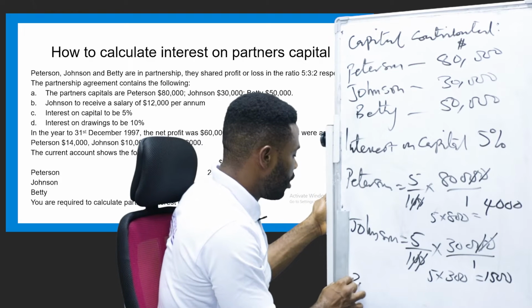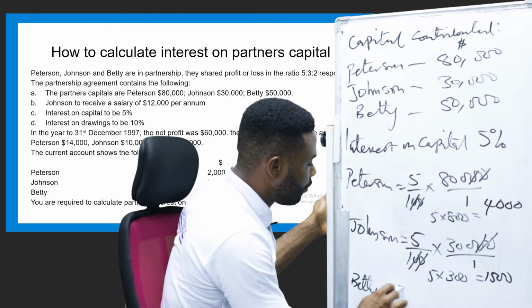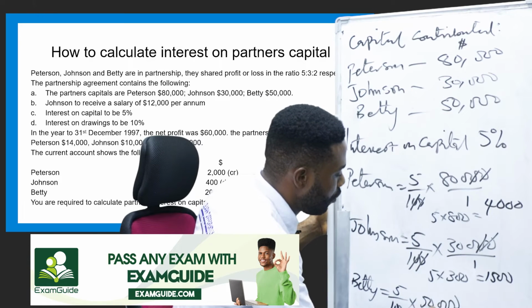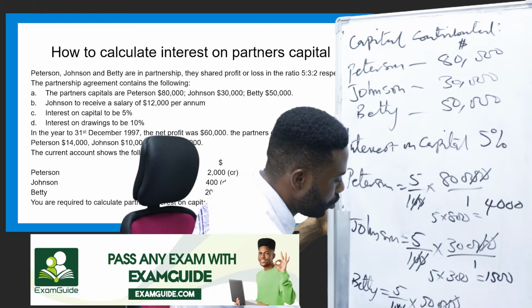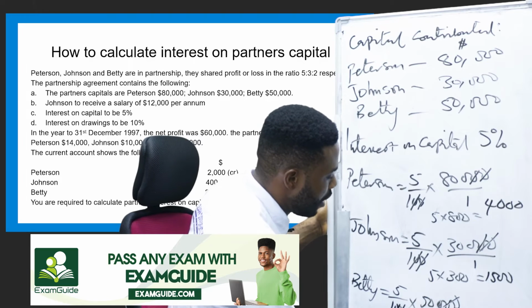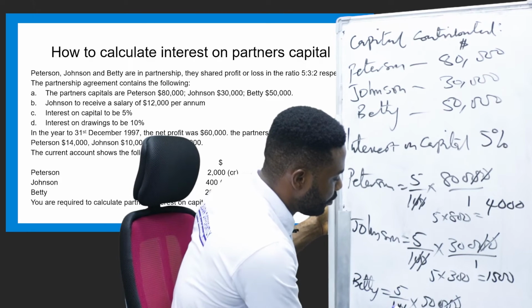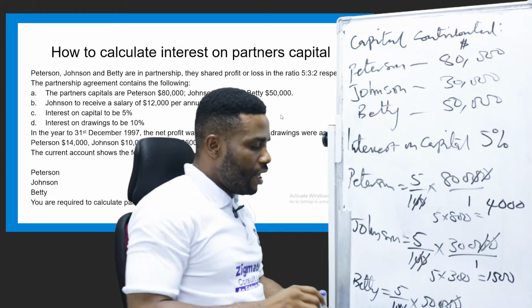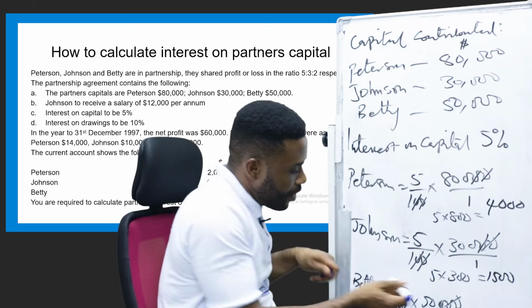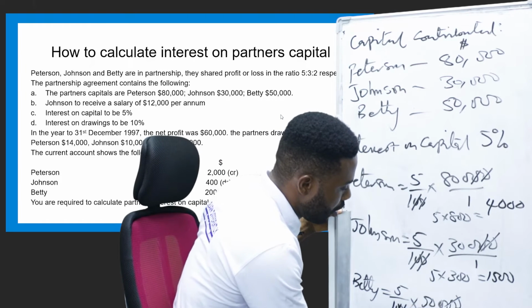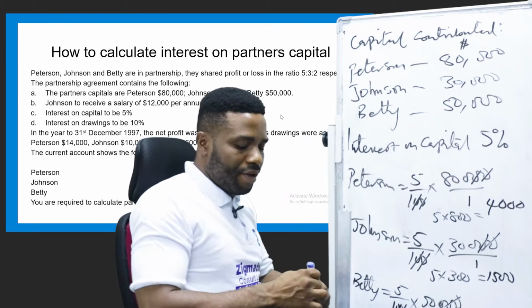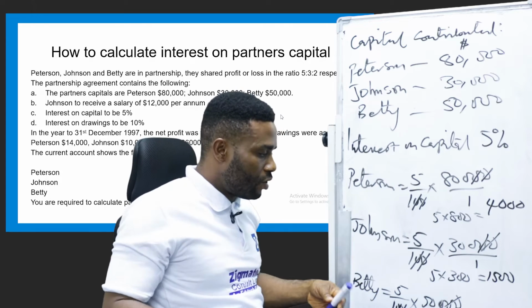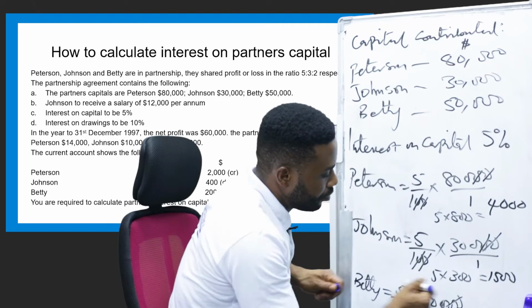And then for Betty, it's still 5 over 100 times 50,000 all over 1. We cancel these, and you'll be left with 5 times 500, which will be 2,500.